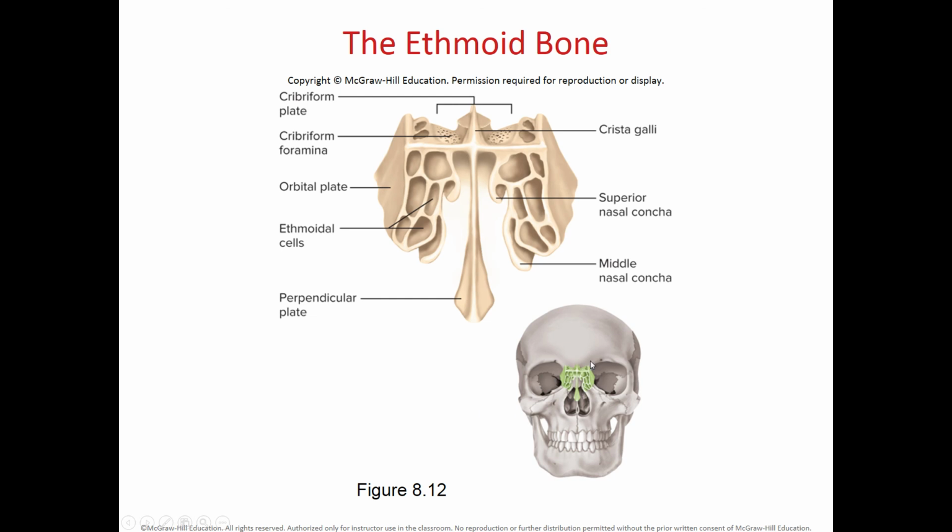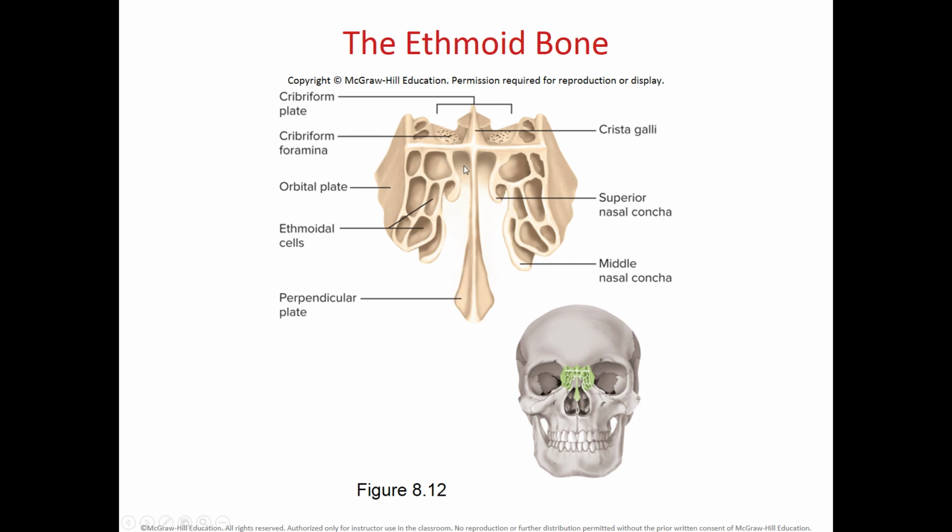The ethmoid is a bone located inferior to the frontal bone and superior to the vomer. It has a shape like a T, and the mid part that forms the vertical part of the T is called the perpendicular plate.